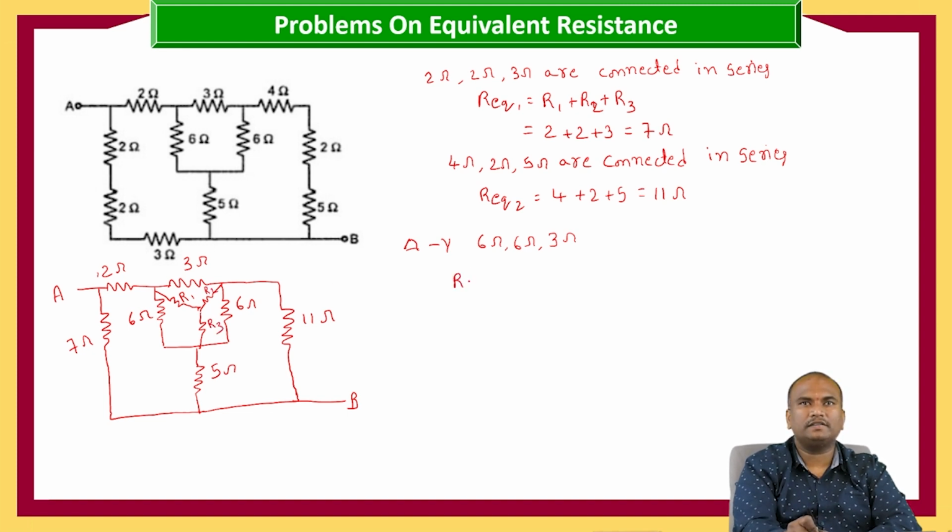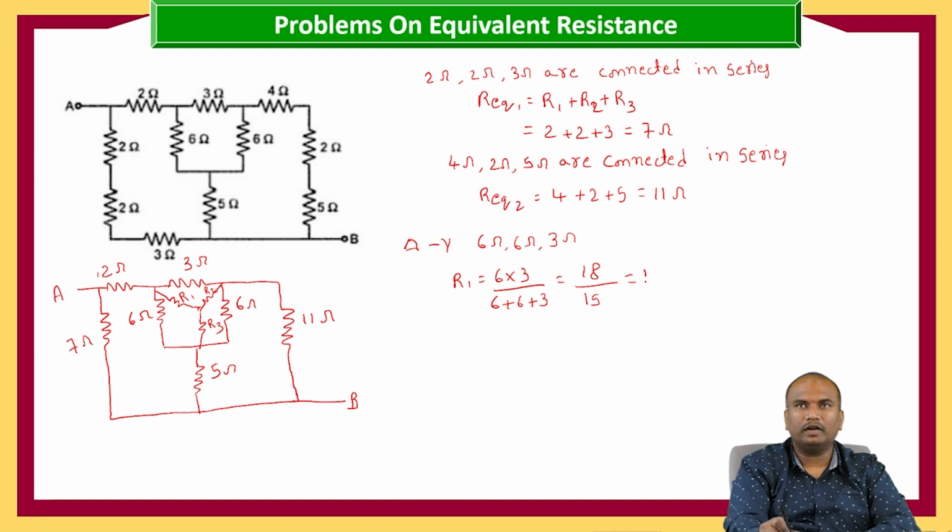So R1 is equals to 6 into 3 by 6 plus 6 plus 3, which is equals to 18 by 15, 1.2 ohms. And R2 is equals to same 3 into 6 by 6 plus 6 plus 3, that is equals to 18 by 15, which is 1.2 ohms.